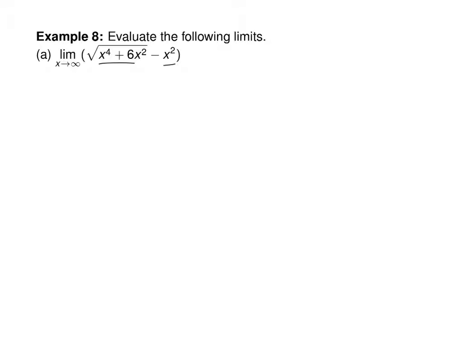It's pretty clever. Multiply by root x to the fourth plus 6x squared plus x squared over the same thing. And you have to multiply by the conjugate over itself because you're multiplying by 1. That doesn't change anything. And what this will also accomplish, it will take something that was not a ratio originally, and it's going to make it into a ratio, which means we can deal with it like we did with the previous stuff. Okay.